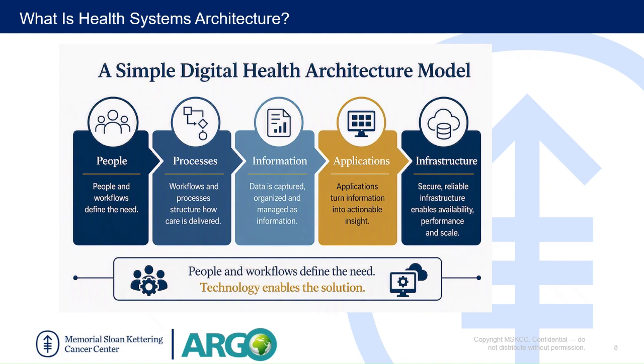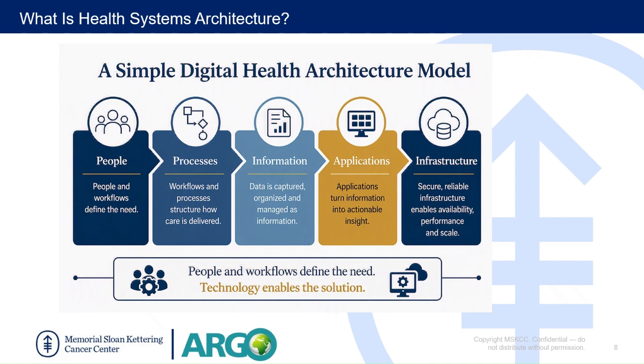Whether you're implementing OpenMRS in a district hospital, designing a national health information exchange, or evaluating a hospital's digital maturity, these five layers provide a structured way to think about the problem.